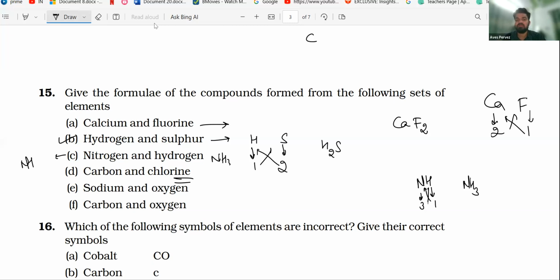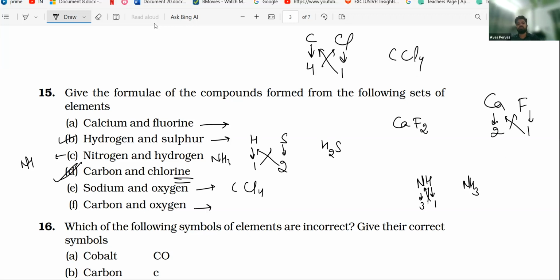What's the valency of carbon? 4. And that of chlorine? 1. So CCl4.